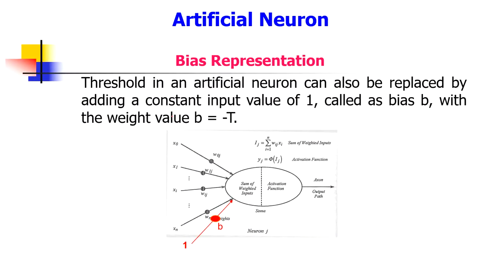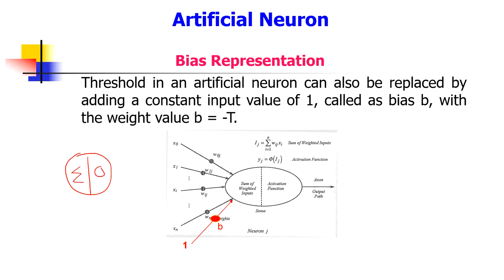So another important component of the artificial neural network. Previously, if you still remember, this is the basic type of neuron, in which the left side is the summation and the right side is the activation.